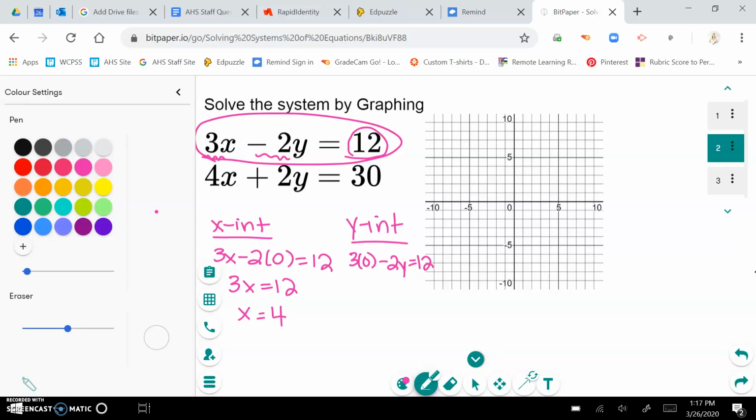The one big thing you need to make sure you note is that that 2 is actually negative 2y. Remember that negative and subtraction are the same. So when I divide, I get y is equal to negative 6. Then you simply go to the x-axis and plot 4, go to the y-axis and plot negative 6, and then you can connect them.